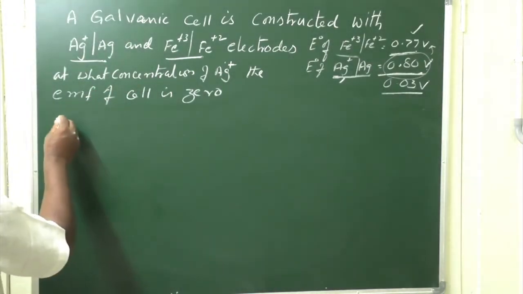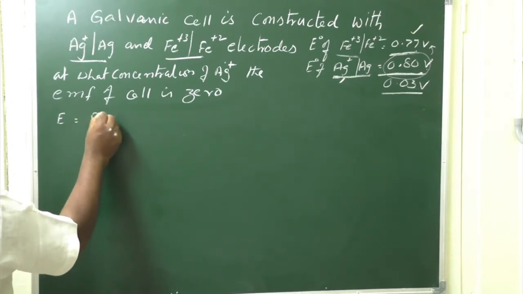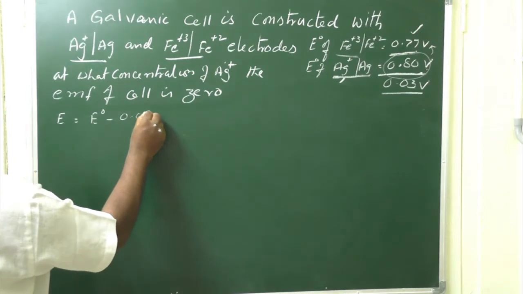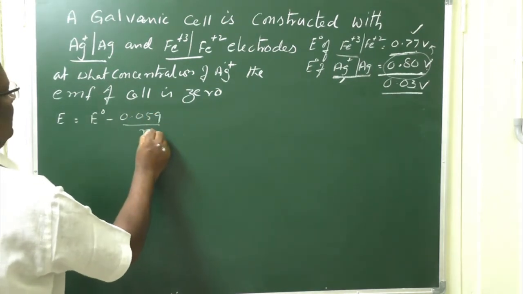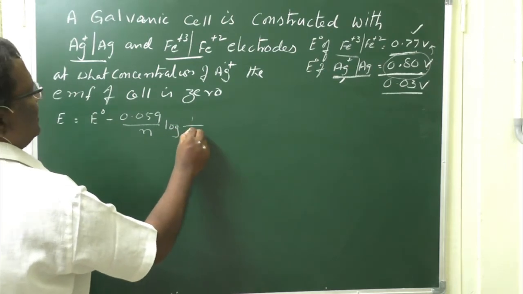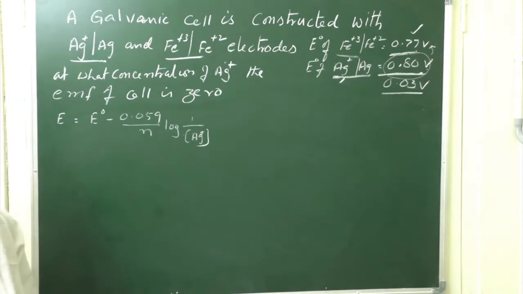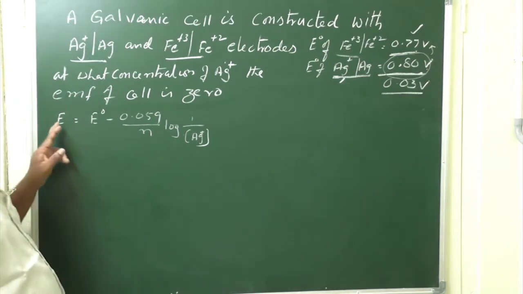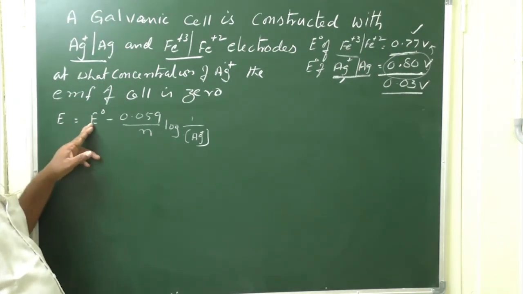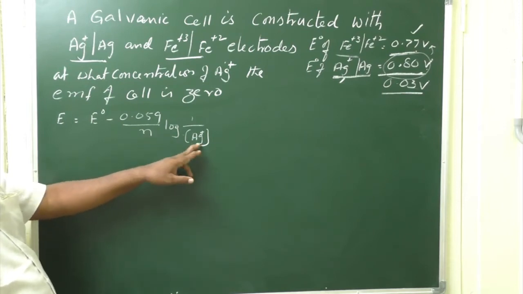According to the Nernst equation, E is equal to E0 minus 0.059 by n log 1 by the concentration of Ag plus ions. This is our Nernst equation. E is the required potential, E naught is the standard electrode reduction potential, n is the number of electrons involved and Ag plus is the concentration of silver ions.